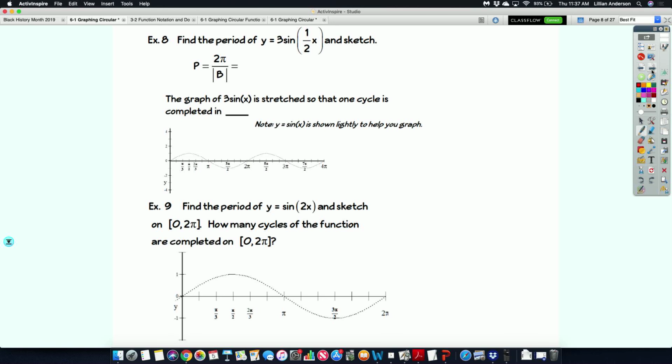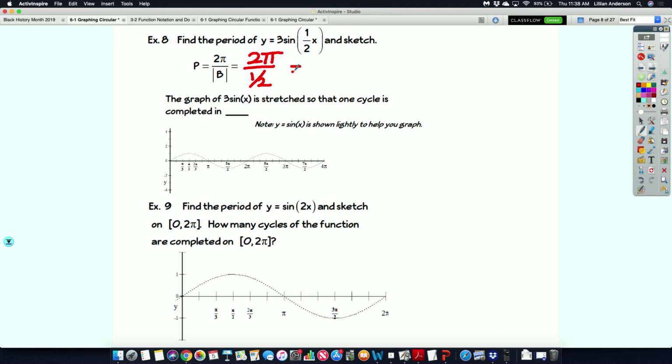So, example 8. It says find the period of y equals 3 sine 1/2 x and sketch it. Okay? What's b in this problem? 1/2. So the period is going to be 2 pi over the absolute value of 1/2, which is just 1/2. I cannot leave it like that though.